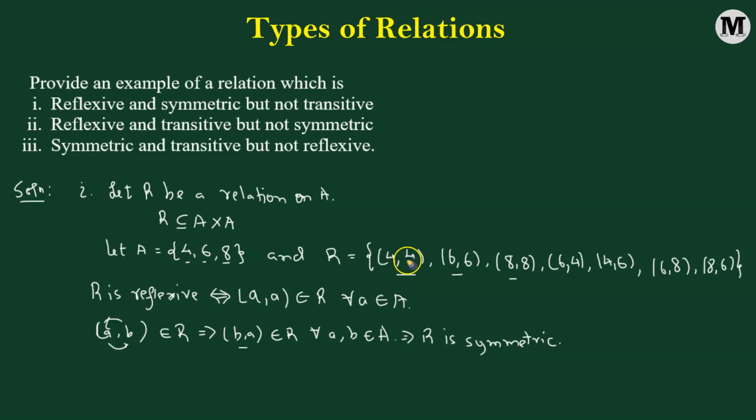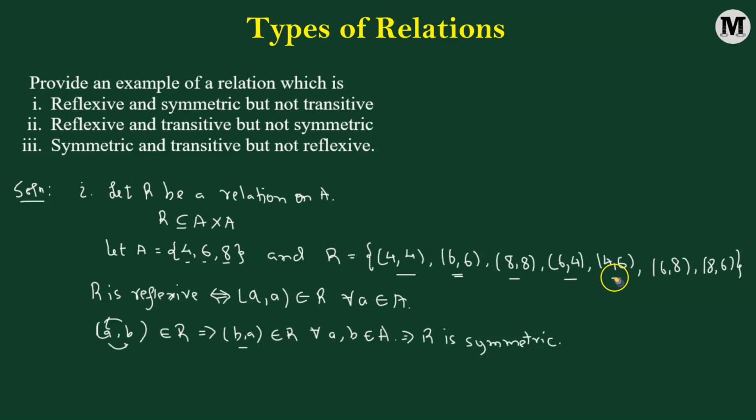So if we have (4, 4), then interchanging the elements within the parentheses, we are going to still get (4, 4). So we don't have to check for the first 3 elements. It's quite trivial to say that (6, 6) is present, then interchanging the elements in the ordered pair also gives us (6, 6) which is present in the relation. So let's go to the 4th ordered pair. So (6, 4), if we pick up this ordered pair, then (4, 6) is present in the relation.